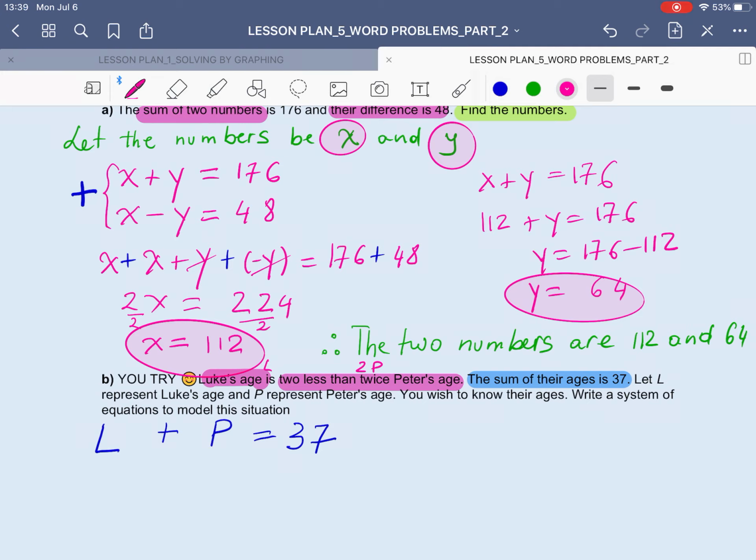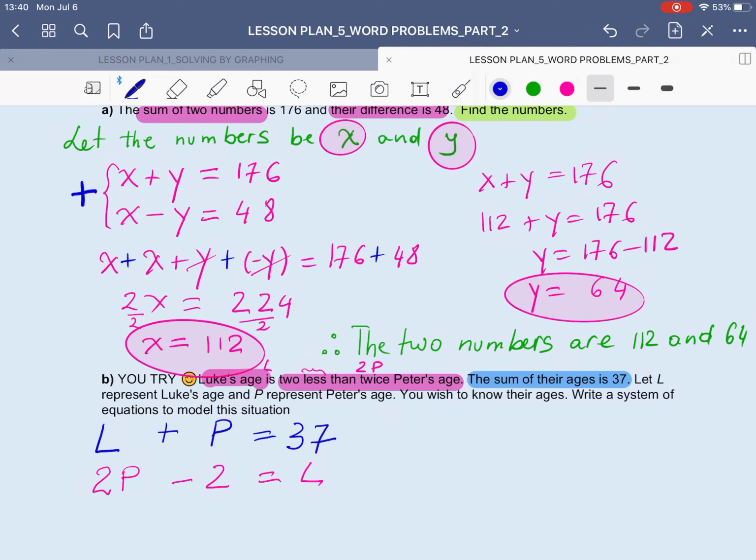So less is the key word, which means that Luke is younger, which means again that twice Peter's age take away 2 will be Luke's age.